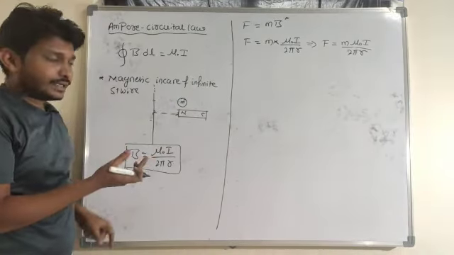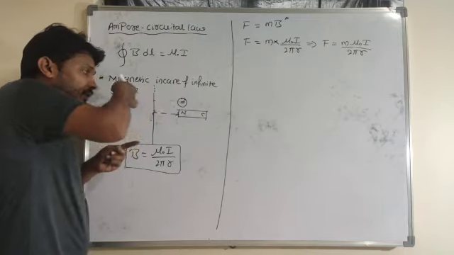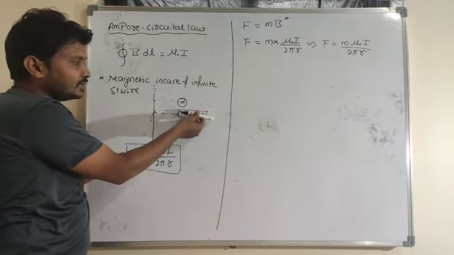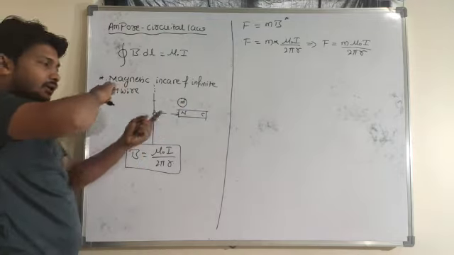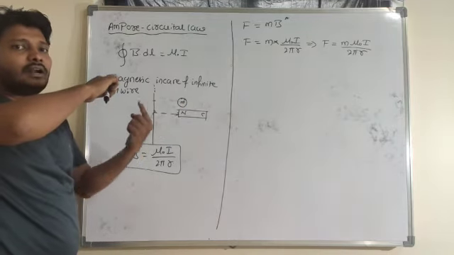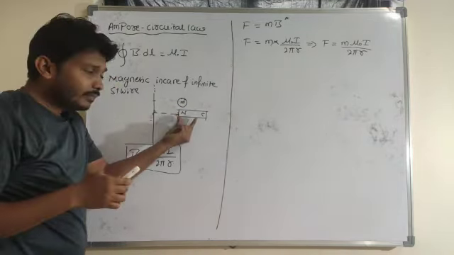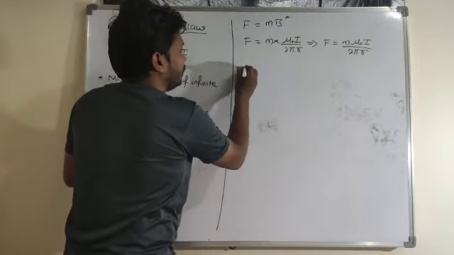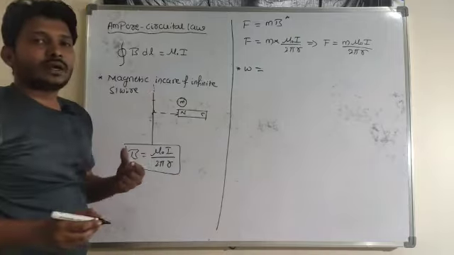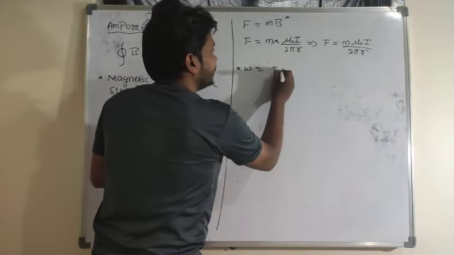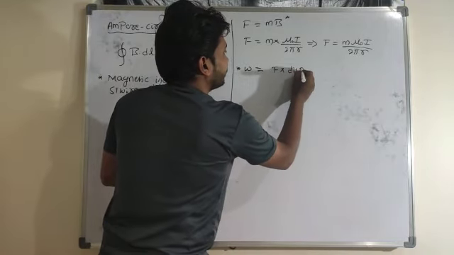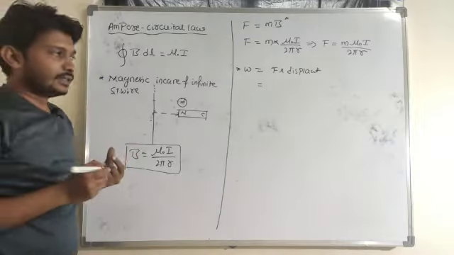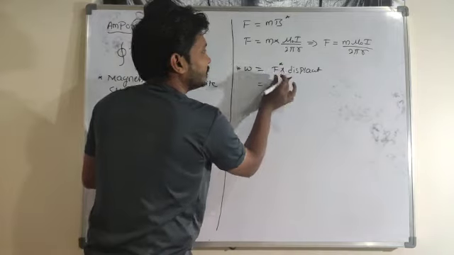Now let me consider the work done to rotate the magnet. For example, this is one magnet I consider, and I want to rotate it through one rotation. In order to rotate that magnet, what is the amount of work done I need to determine. Work done is equal to force into displacement.